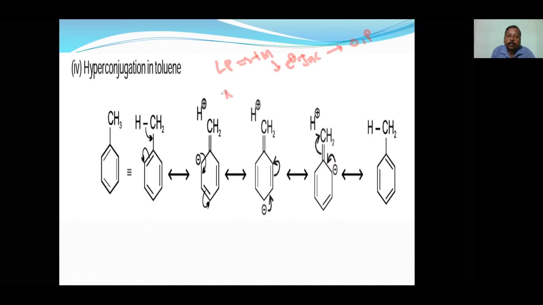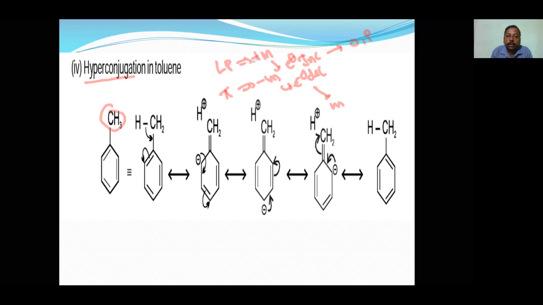If a pi bond is there, it is minus M, the electron density decreases, so it is meta directing. That is good. But why is toluene ortho para directing? That is explained on the basis of hyperconjugation.